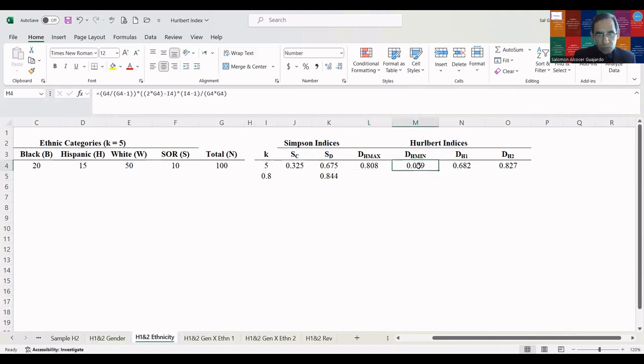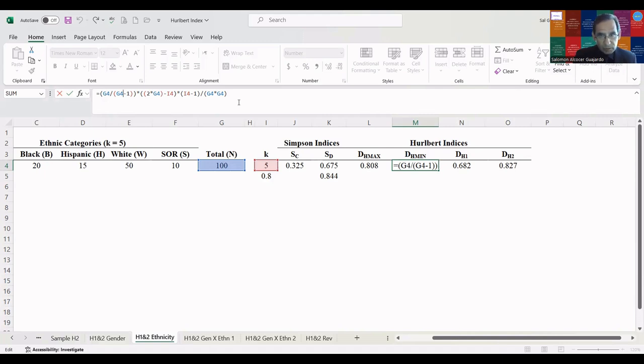Now, to obtain the minimum score, it's a little bit more complex. Again, it's going to be the total number of individuals divided by the total number of individuals minus 1, times 2 times the total number of individuals minus the number of groups, which is 5, times the number of groups minus 1, in parentheses, divided by the total number of individuals squared.